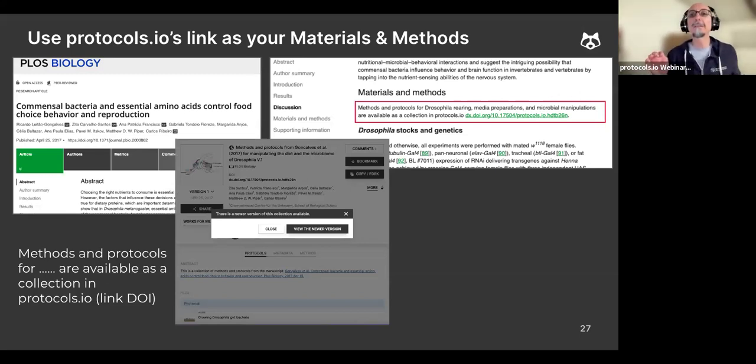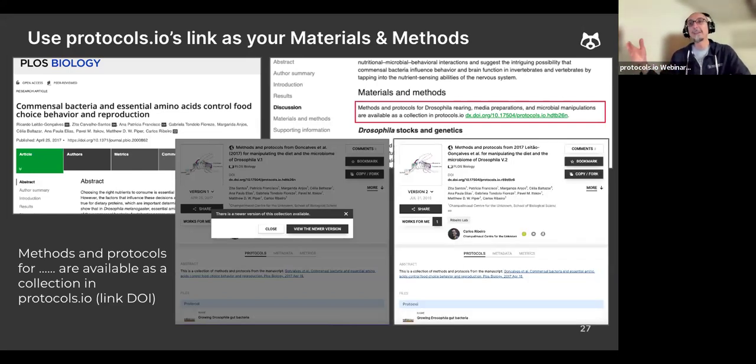And a really nice thing about how protocols.io works is that the protocols are versionable. So if the authors have updated their protocols since the time of publication, the reader will be notified. And they can choose to read the protocol as it was published, which is what you see on the screen, or by following the view the newer version link, have access to the most updated version of the same protocol.